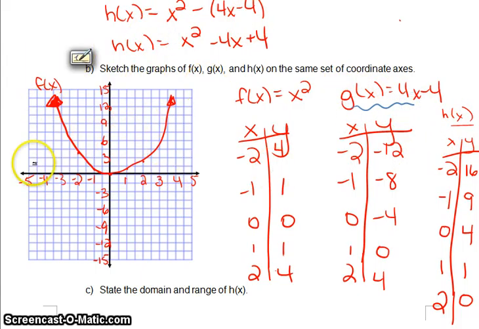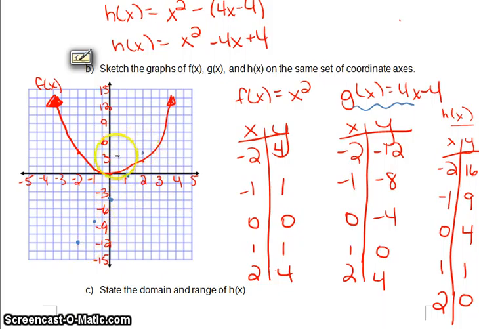So to start off there, we had -2 and -12. Then we had -1 and -8. We had 0 and -4. We had 1 and 0. And 2 and 4.